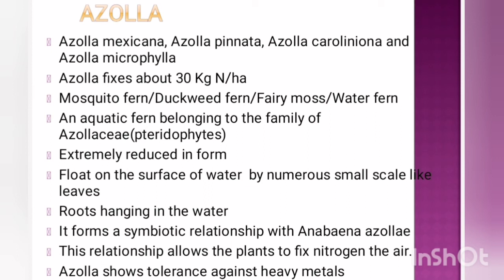Azolla. Some of the known species of Azolla are Azolla mexicana, Azolla pinnata, Azolla caroliniana, and Azolla microphylla. Azolla, also known as mosquito fern, fairy moss, water fern, or duckweed fern. It is an aquatic fern belonging to the family Azollaceae of pteridophytes.